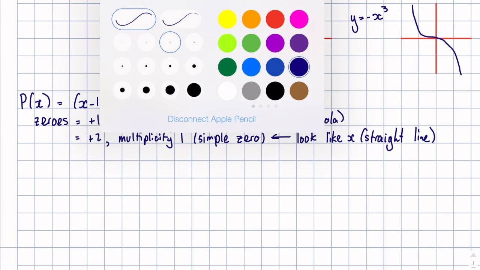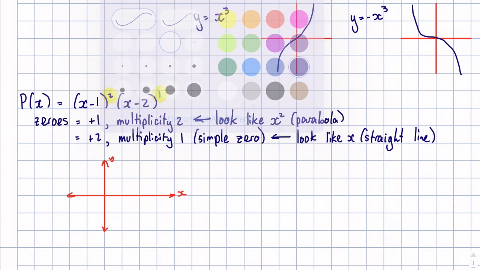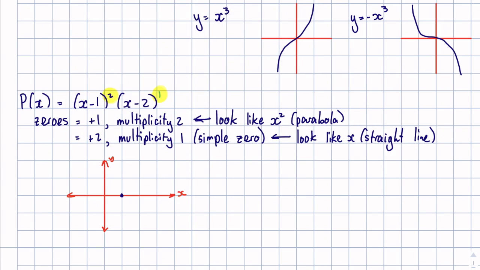So if we go to sketch this, I'll do my axes using a ruler. Y and x. And I've got zeros at 1 and 2.